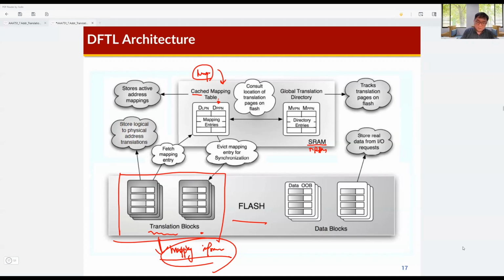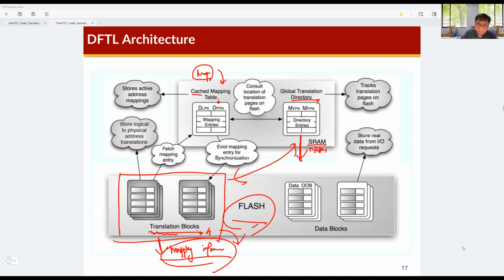And as this translation block is also stored in flash memory, the same mechanism should be applied because it's a flash. So this translation block is also pointed to by the global translation directory. So this global translation directory stores the physical location of these translation blocks.